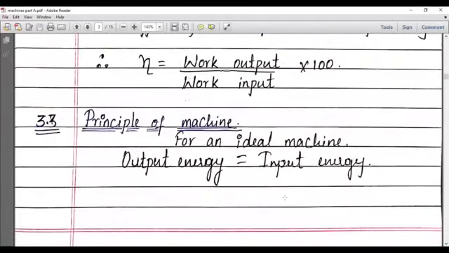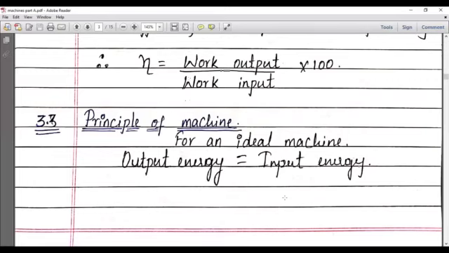So the next thing is the principle of machine. When energy is supplied to a machine by applying the effort, it overcomes the load by doing some useful work on it. When you apply some energy using a machine, that effort overcomes the load by doing some work on it.